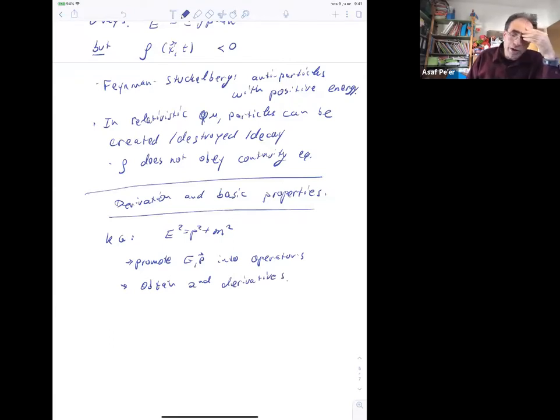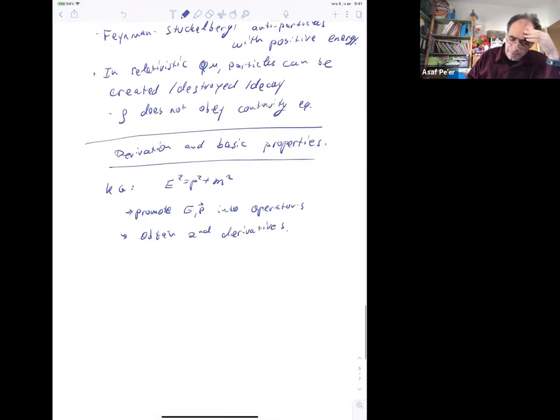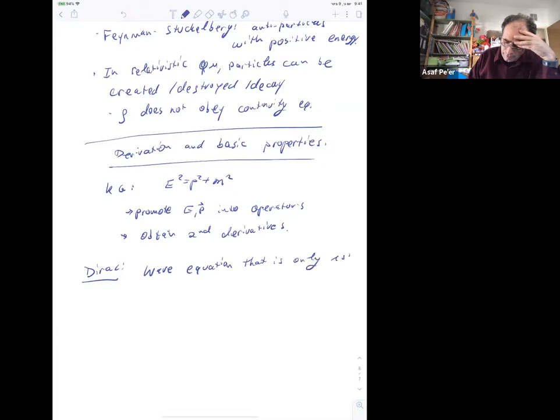So Dirac was looking for a wave equation that would only be first order in both space and time derivatives.